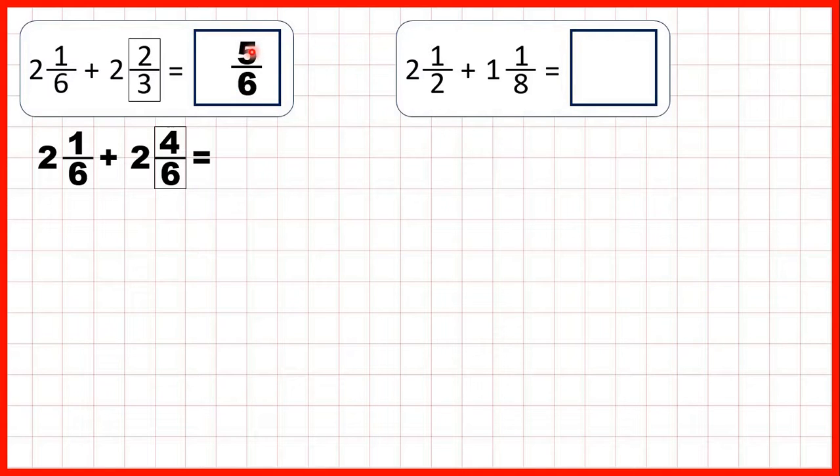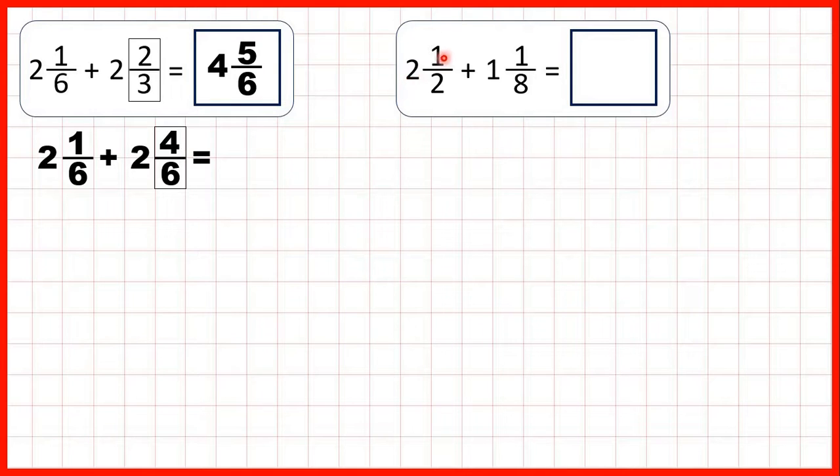If this was an improper fraction, so if the numerator was larger than the denominator, we'd need to do something else. But because 5/6 is a proper, not an improper fraction, we can write it in our answer box. But now we need to add our whole numbers. 2 plus 2 is 4, so our answer is 4 and 5/6.